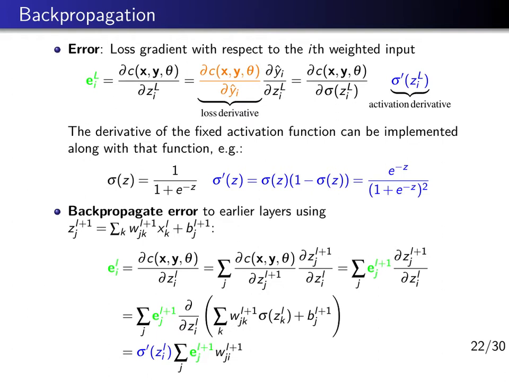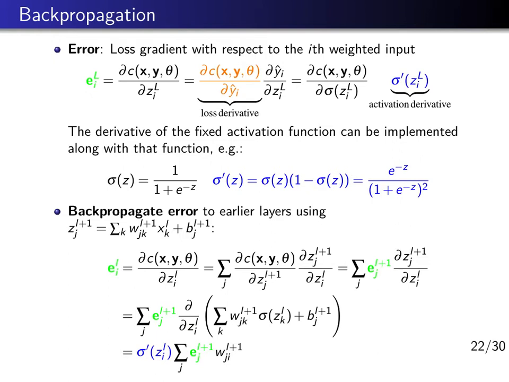So now, using the chain rule again, we can write this as a sum over the neurons in the next layer of the derivative of the loss function with respect to the internal activations of the neurons in the next layer, multiplied with the derivatives of the activations in the next layer with respect to the activations in this layer. So that is the key step here.